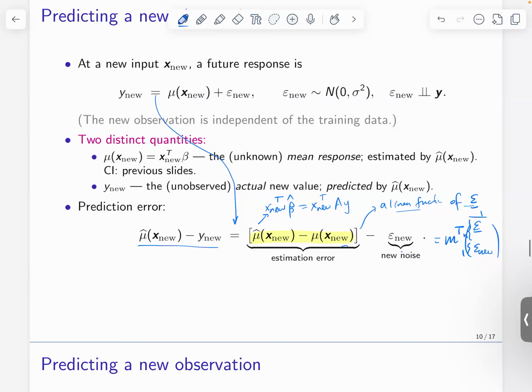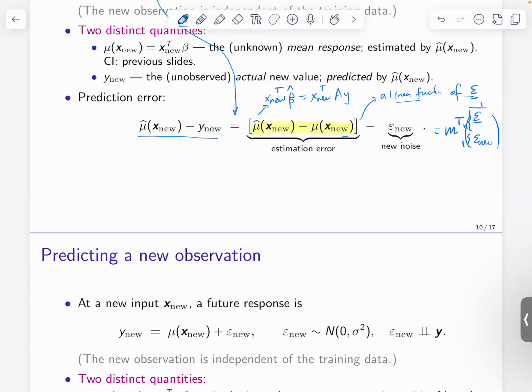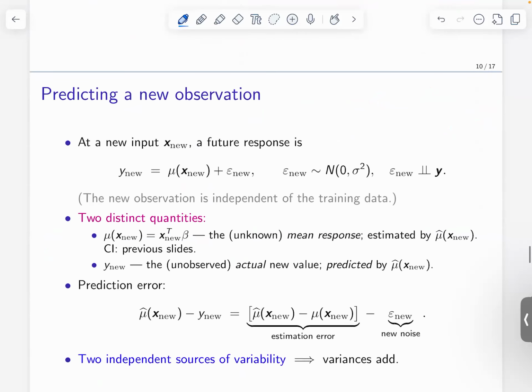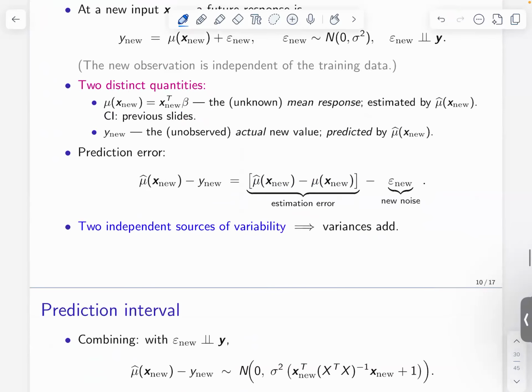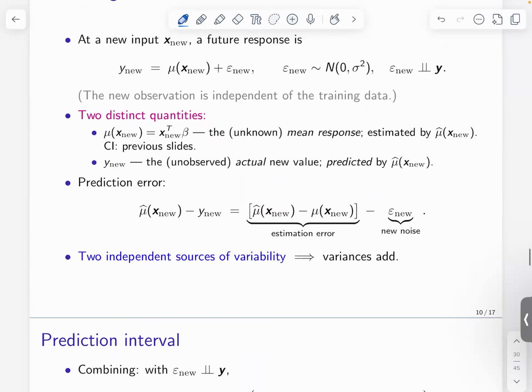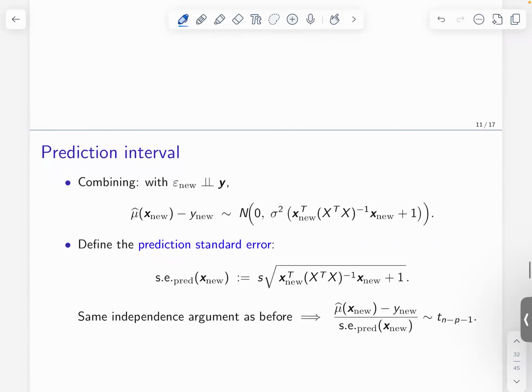Okay, so the variance of this piece we already calculated. You should get two sources of variability. The variance of the first piece would be this part, which we already calculated. The variance of the second piece would be sigma squared.